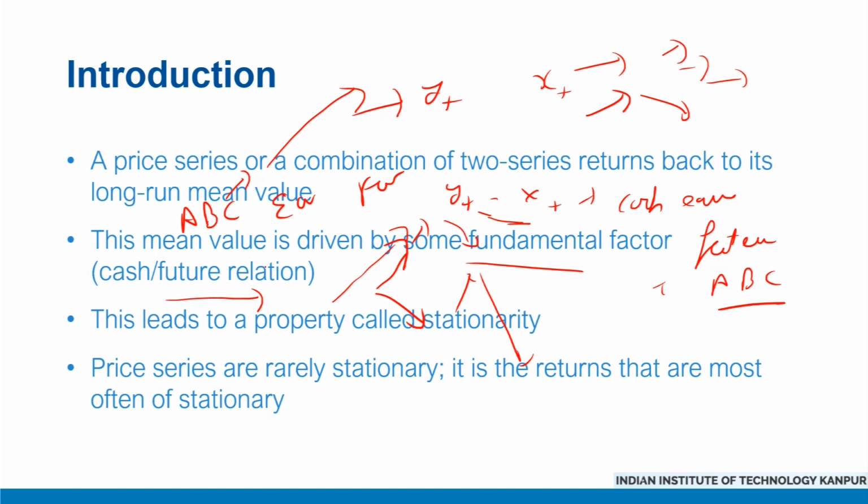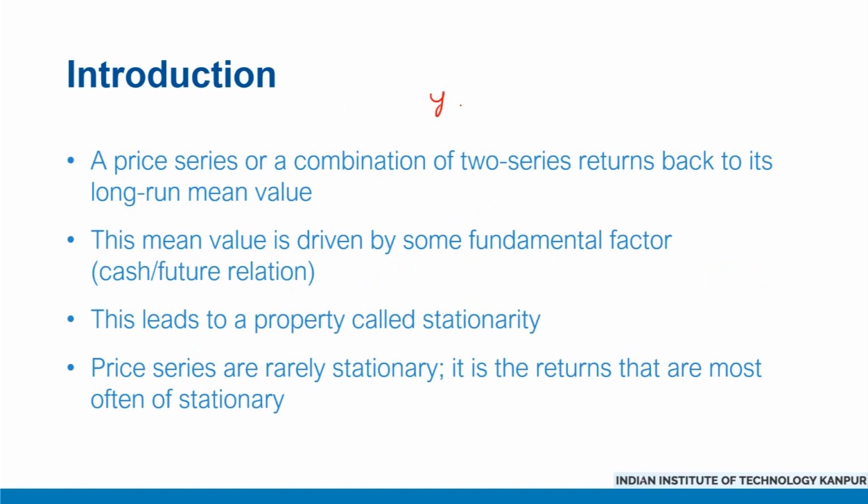Why? Because if the difference deviates, arbitrage, what we call forces of market efficiency or arbitragers, will conduct buying and selling activity which will align these prices together, because they are driven by the same underlying fundamental security. And therefore the combination of these two series yt and xt, these two time series, will be stationary even though on their own they may not be stationary.